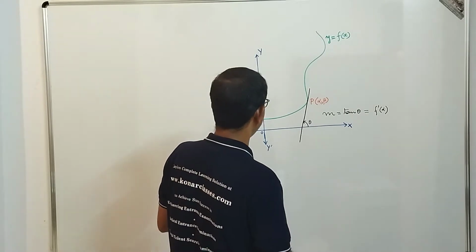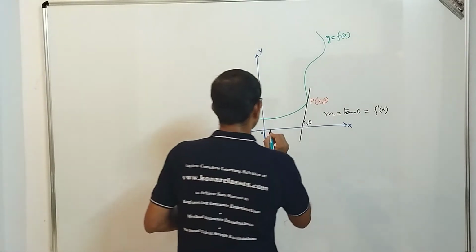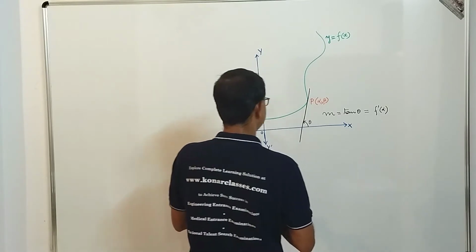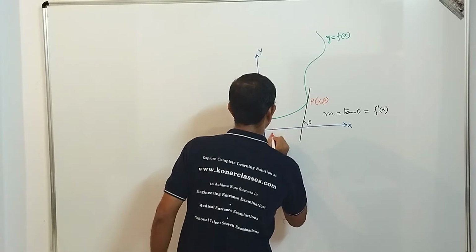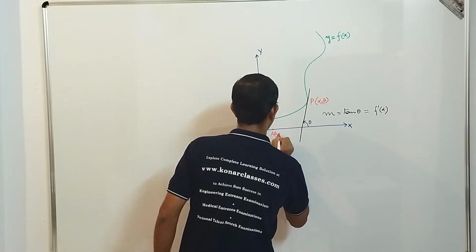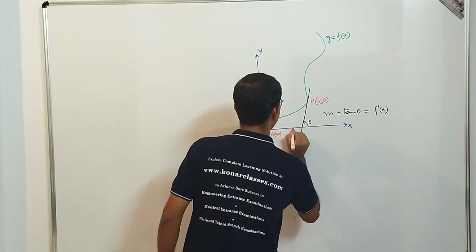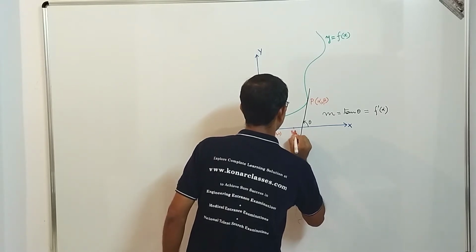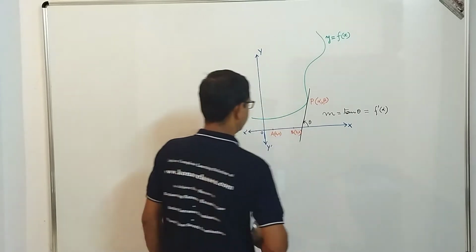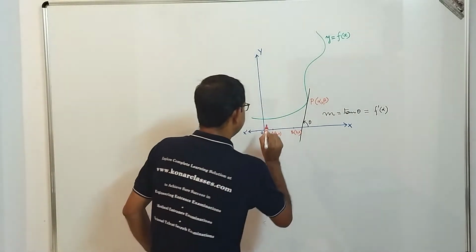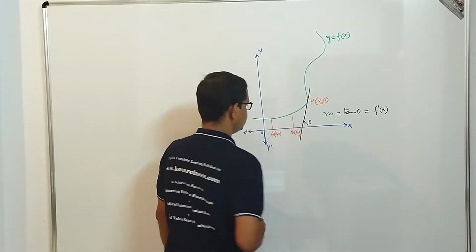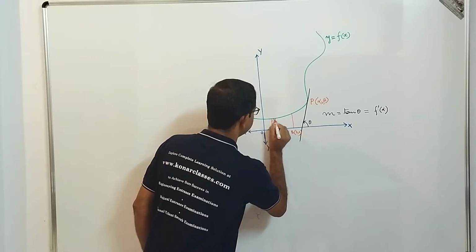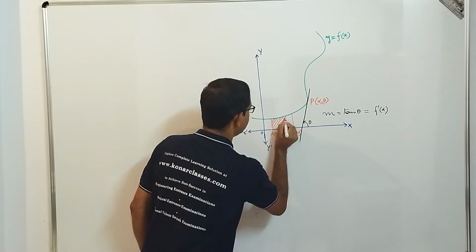What does it mean? It means that suppose we have a point here, suppose this is a point A. Its coordinate is (a, 0). And this is another point B, and its coordinate is (b, 0). Then the motivation behind integral calculus is to find the bounded region, bounded by which curves and lines?